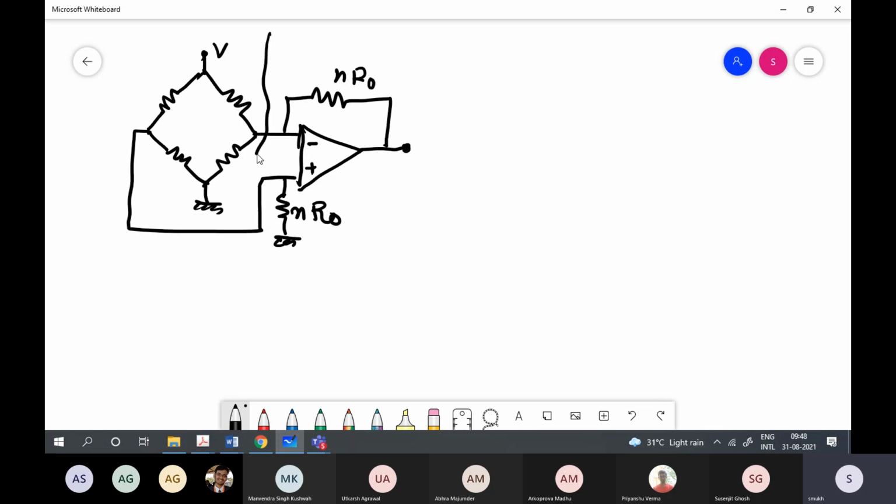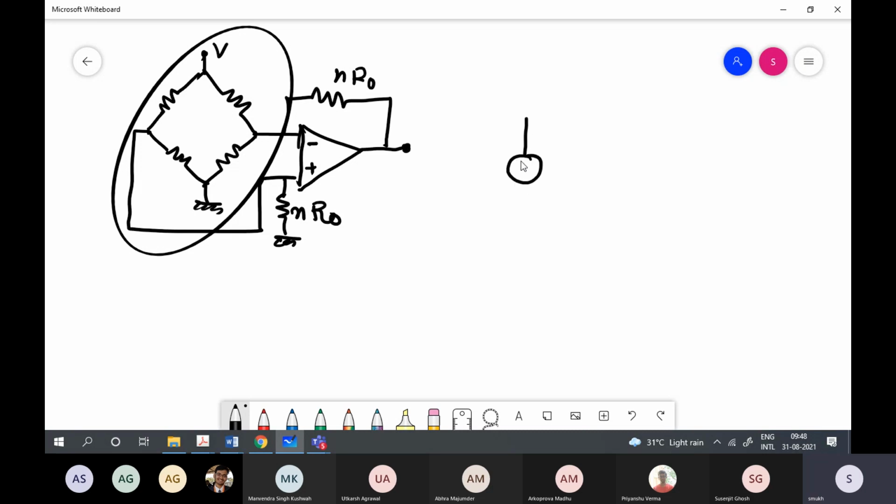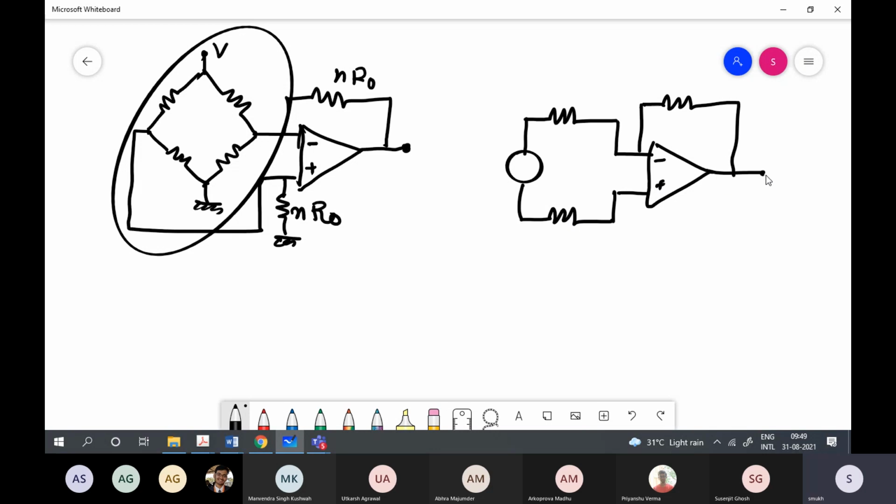So this part, if we replace it by its Thevenin equivalent, this circuit will look like this. Do you agree?